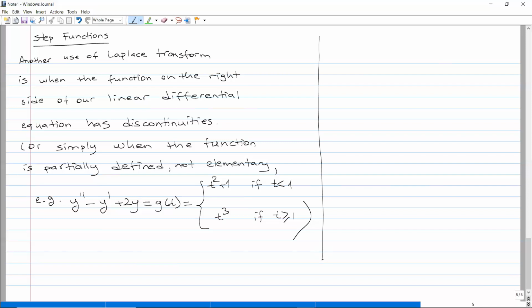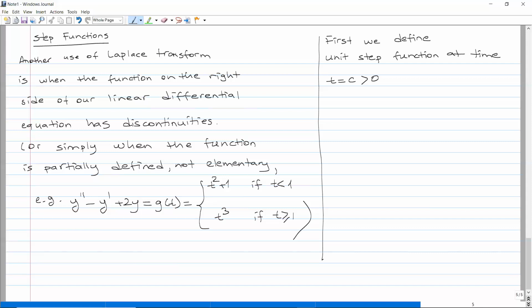Okay, so to do this, first we define the unit step function at time t equals some constant point c. We are going to consider c positive, because remember, for Laplace transform, we consider integral from 0 to infinity.